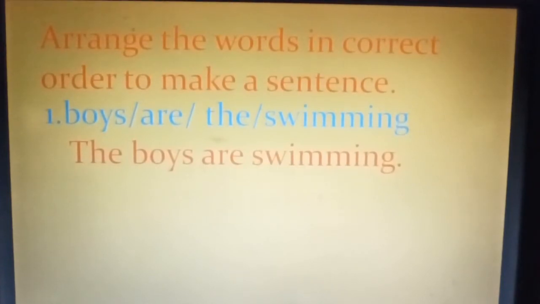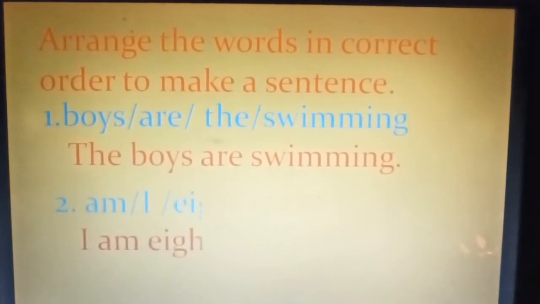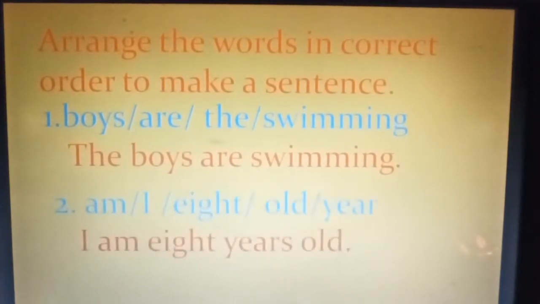That means this is a sentence. इसका ये मतलब है कि ये एक सेंटेंस है. Now, am I 8 old years? I am 8 years old.